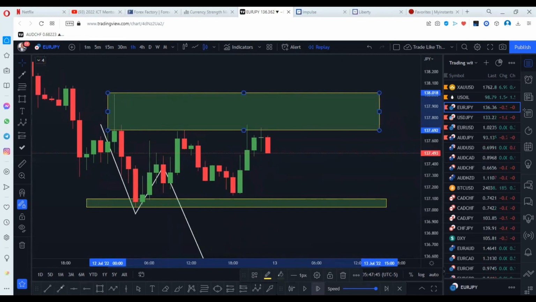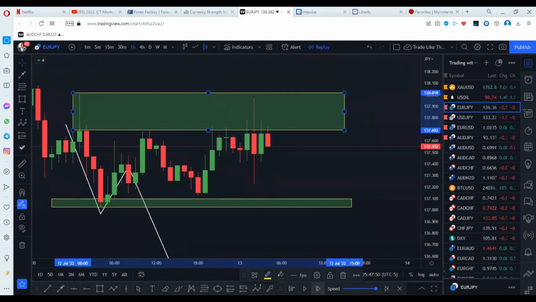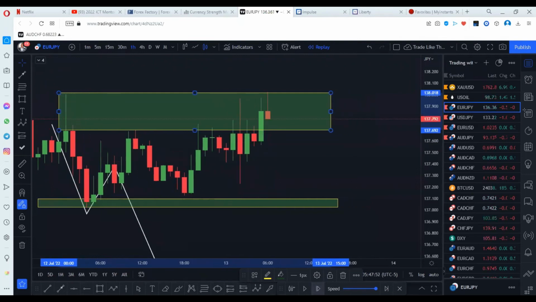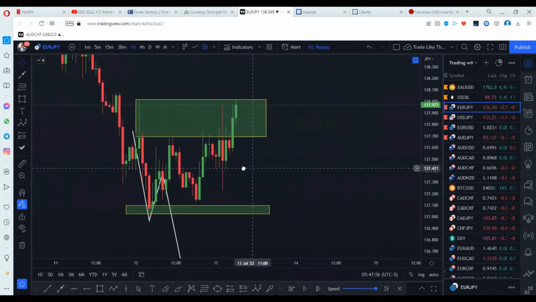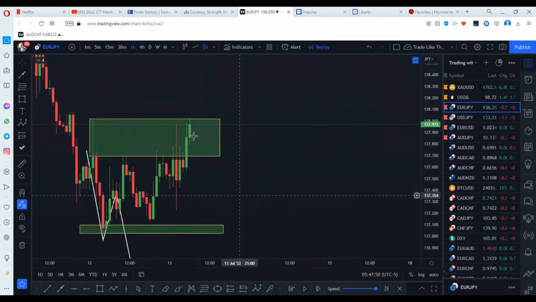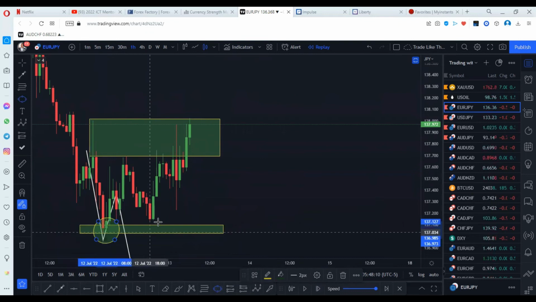Still violating, not breaking it. Boom. All right, so now we're seeing some push up into the zone, right? Here is where I start to think to myself, okay, if we break this zone, which is the higher zone, we're looking to see price give us a double bottom.